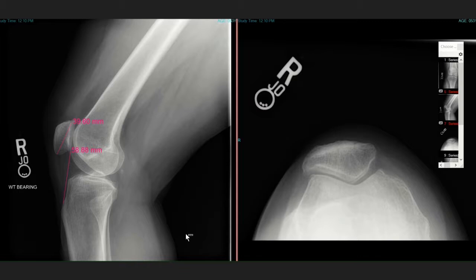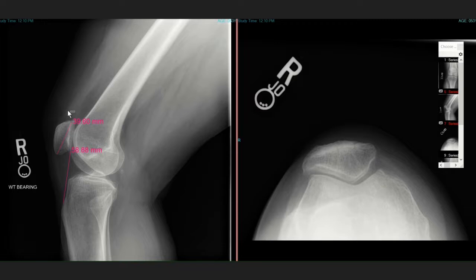Well, our first reference told us that the normal range of the Insall-Salvati ratio is 0.8 to 1.2. So this is indicative of a longer than normal patellar tendon and a high riding patella within the trochlear groove. This is referred to as patella alta.